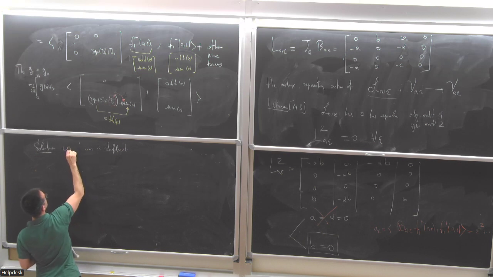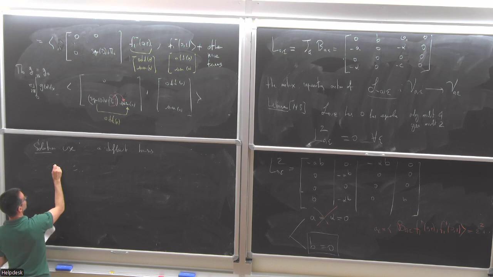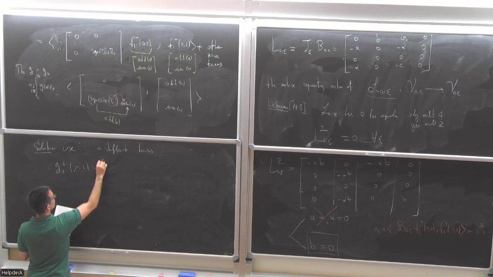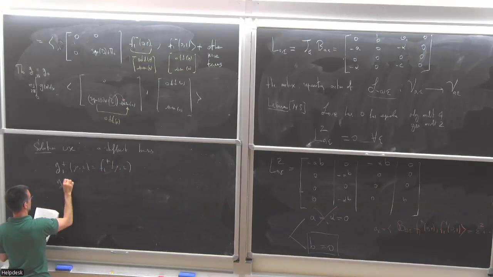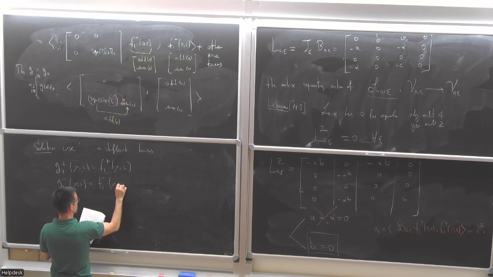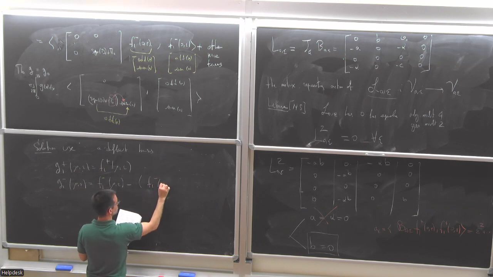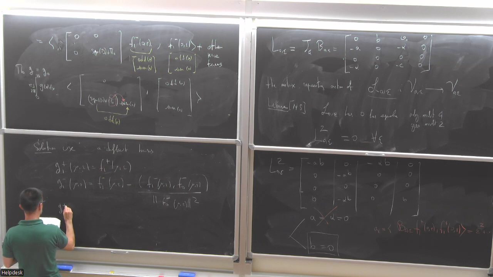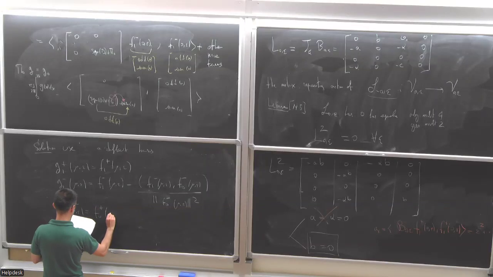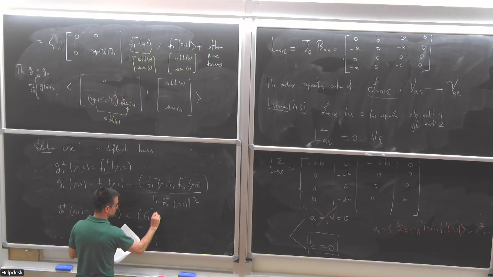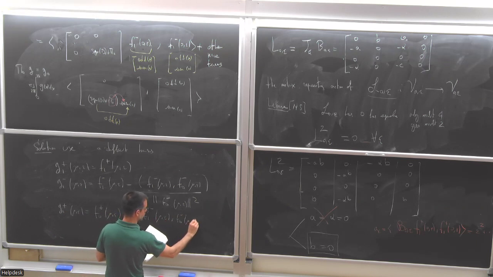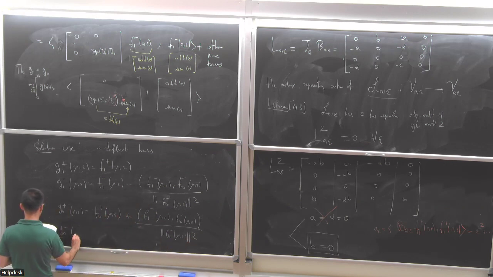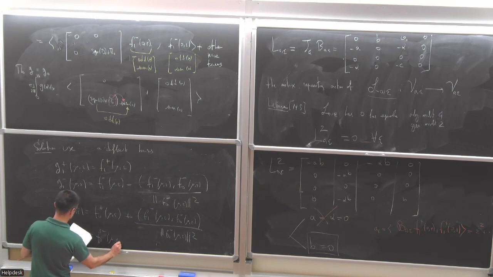So use a different basis, and in particular we use the basis G1 plus mu epsilon, which is F1 plus mu epsilon, G1 minus mu epsilon, which is F1 minus mu epsilon minus the scalar product of F1 minus mu epsilon, F0 minus mu epsilon, divided by the norm of F0 minus mu epsilon squared, and here you have G0 plus mu epsilon equal F0 plus mu epsilon plus the scalar product of F1 minus mu epsilon, F0 minus mu epsilon divided by the norm of F0 minus mu epsilon squared, and G0 minus mu epsilon, which instead is the same, F0 minus mu epsilon.